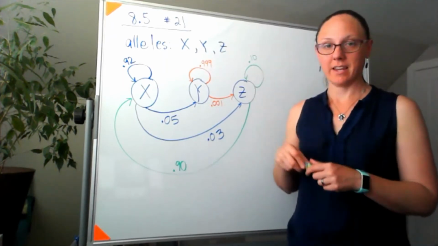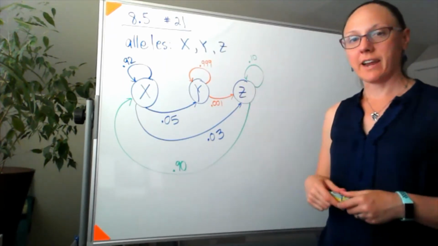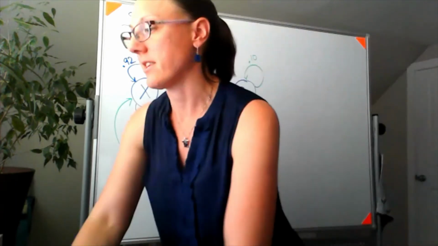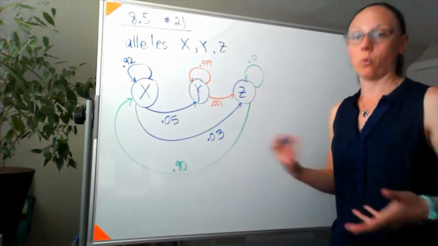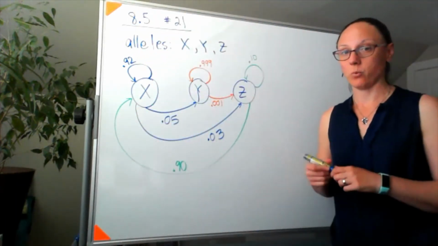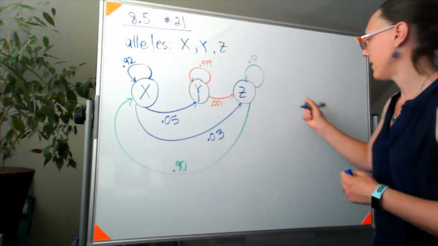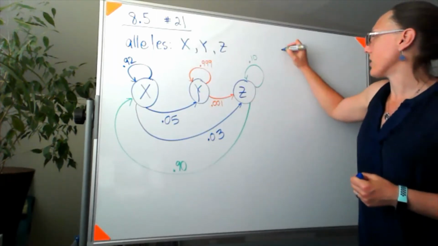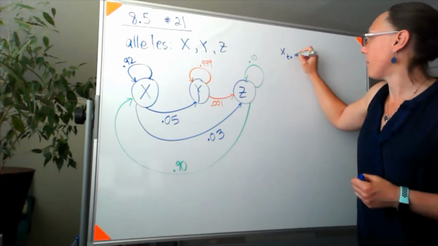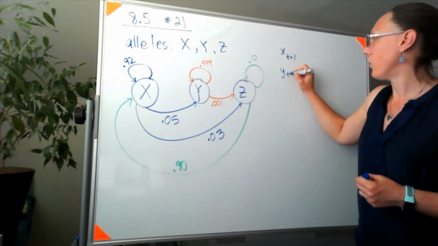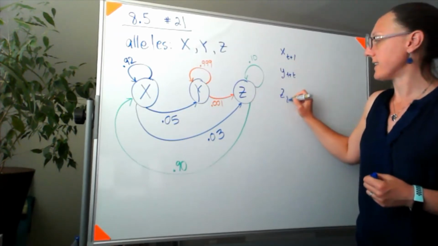So once we've got a diagram, now we can write our system of difference equations, or we can write it as a matrix. Either way, I'm going to start with difference equations. So as difference equations, I've got x sub t plus 1, y sub t plus 1, z sub t plus 1.